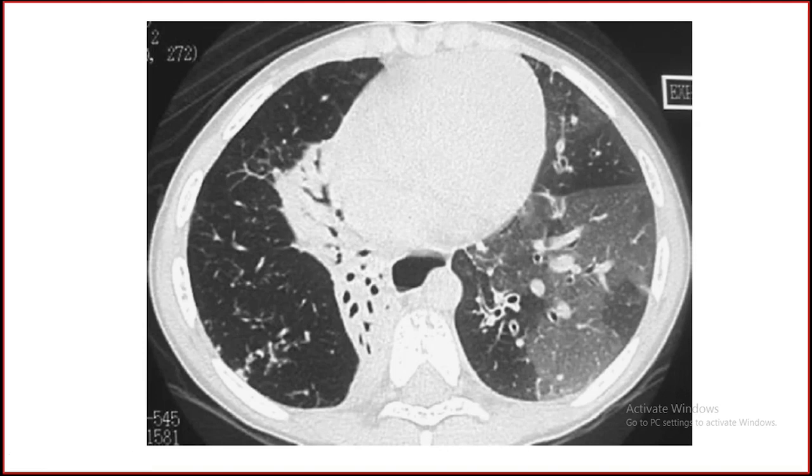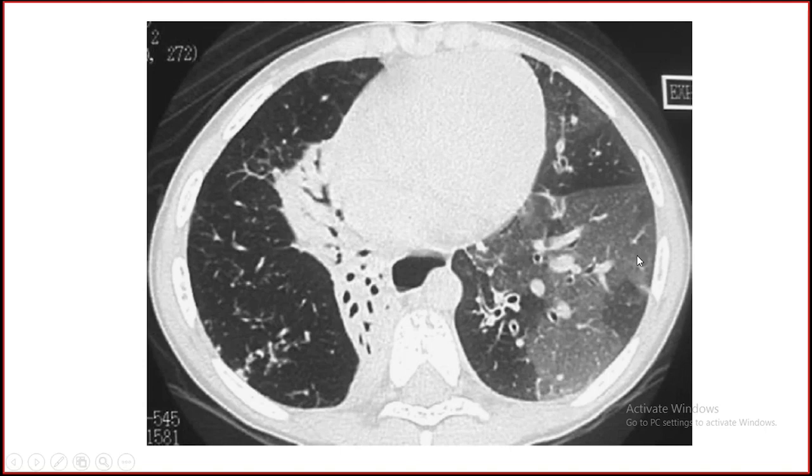Ground glass is some sort of opacification, but the difference between ground glass and consolidation is that in consolidation the alveoli are completely filled with something, most of the time inflammatory or exudative material. In ground glass, the alveoli are partially filled with some sort of inflammatory material, or it may even be bleeding.